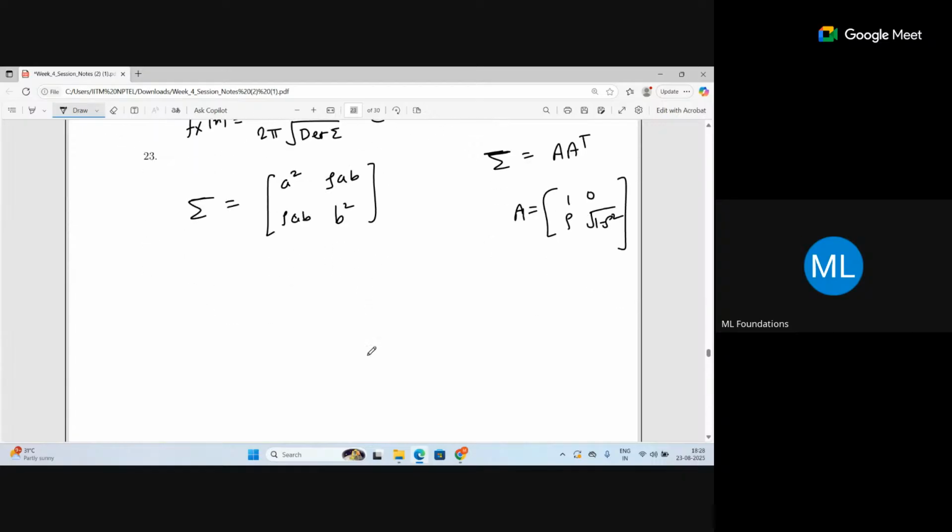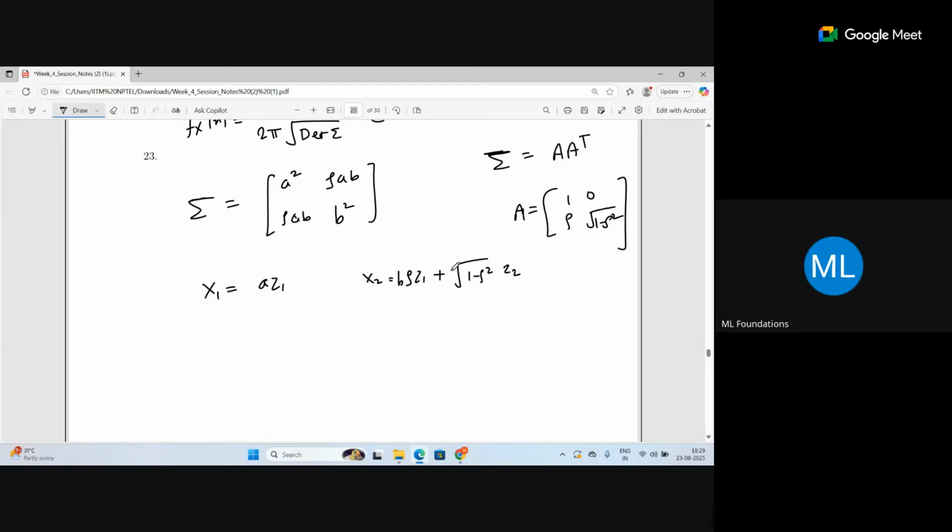What that means is, let's say x1 is equal to a z1, and x2 is equal to rho b z1 plus root of 1 minus rho square b z2, something like that.